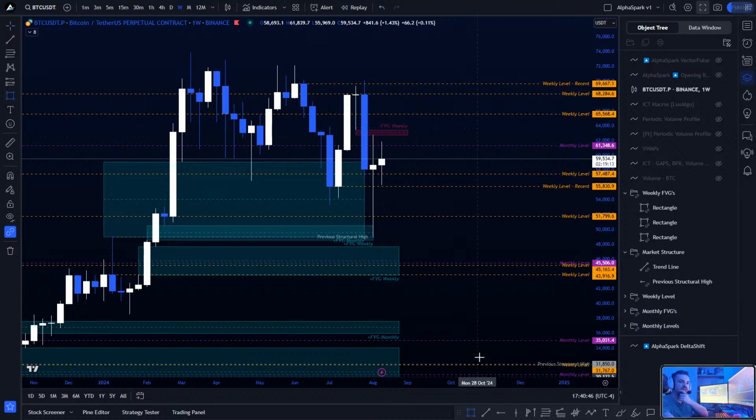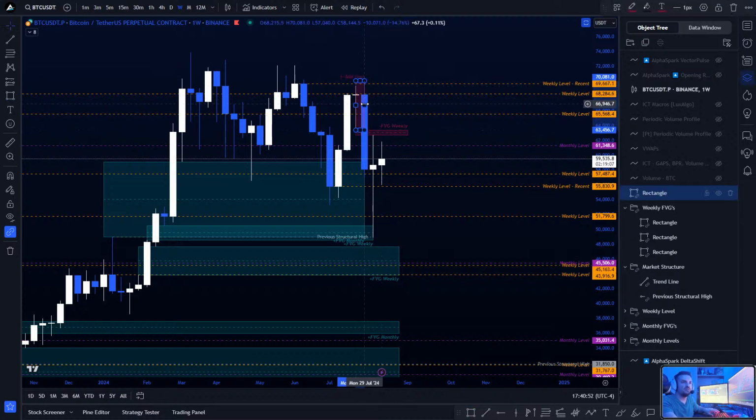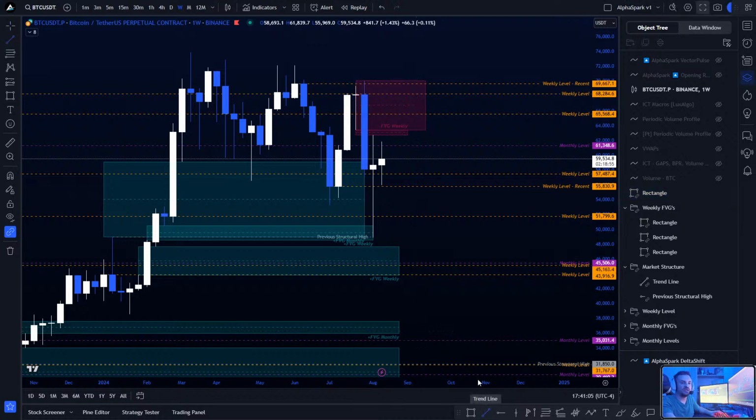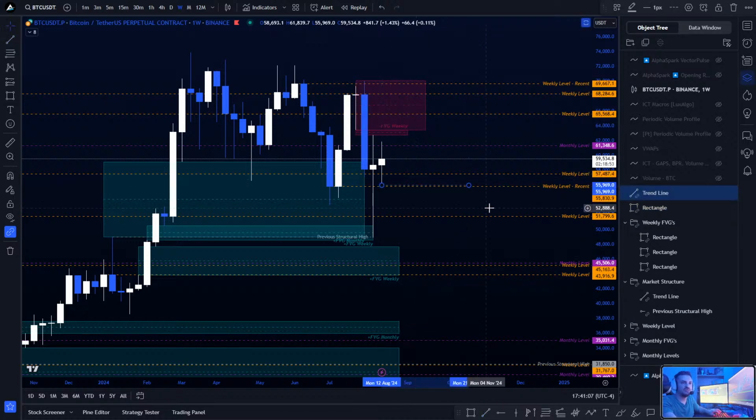After that, I'm not gonna mark this because it would occupy too much of the chart. But we have this order block over here that's going to be resistance. If we come up, recover the gap, and then find resistance here, then we might come back to this weekly low.